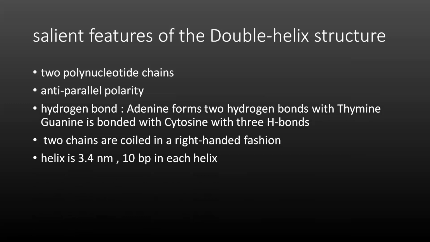So that helix is 3.4 nanometer. You all know what a nanometer is? 10 raised to minus 9. So in each helix, from here to here, there will be a total of 10 base pairs, or 10 nucleotides on one strand of each helix. Total there will be 20: 10 on this, 10 on the other.